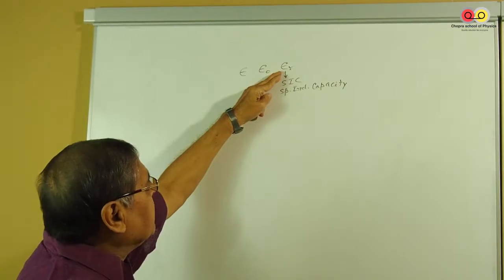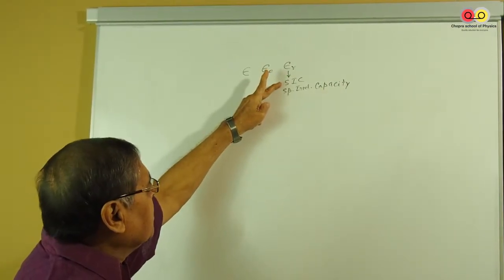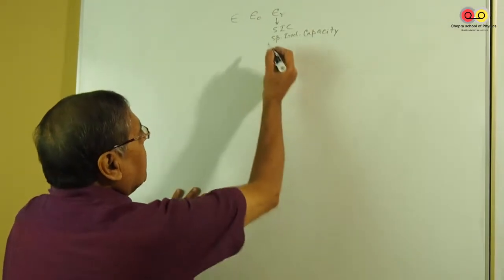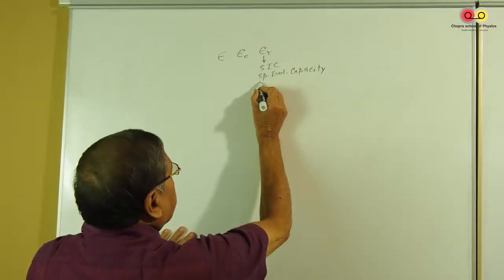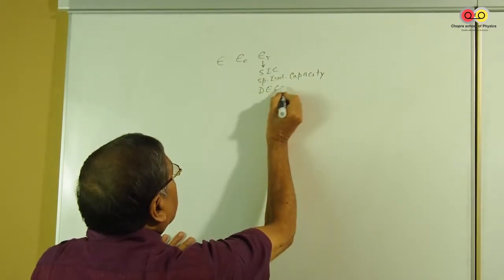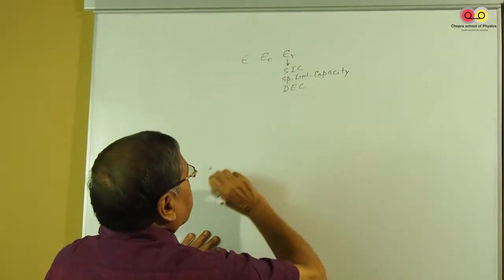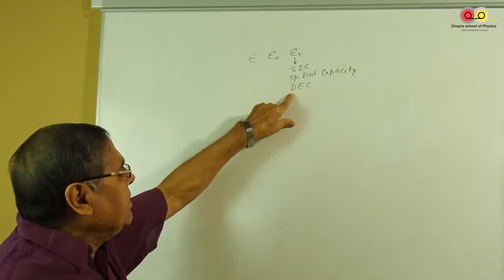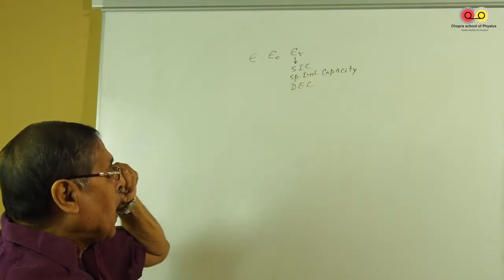This relative permittivity is also known as specific inductive capacitance. So SIC, or it is DEC, dielectric constant. I have earlier explained. D stands for dielectric, DE constant, dielectric constant.